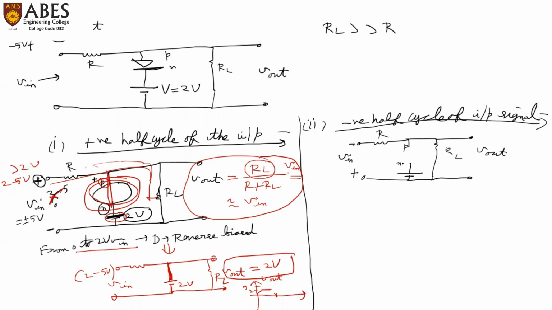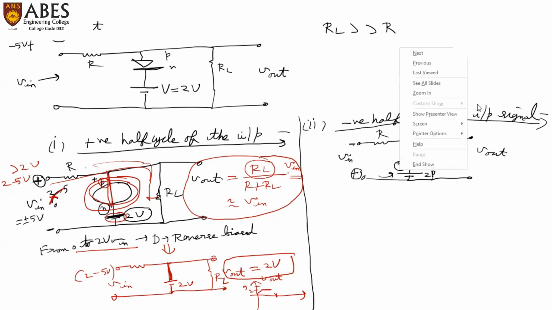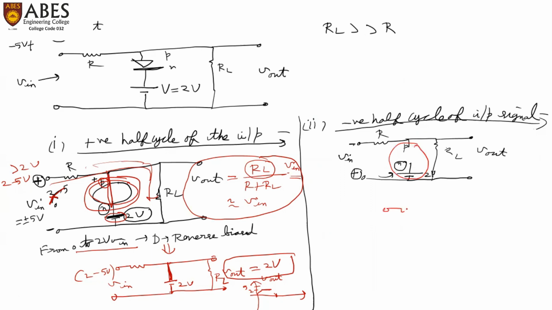So what will happen? N is connected already to a 2 volt battery, that means reverse bias, and more positive potential is coming at this terminal, that means the diode will remain reverse bias, so the diode will remain open circuit. And if the diode will remain open circuit, that means it will not come into the picture, and hence we will say that the reduced circuit will be simply R, RL, V in with this terminal negative, this terminal positive, and here we are getting the output.